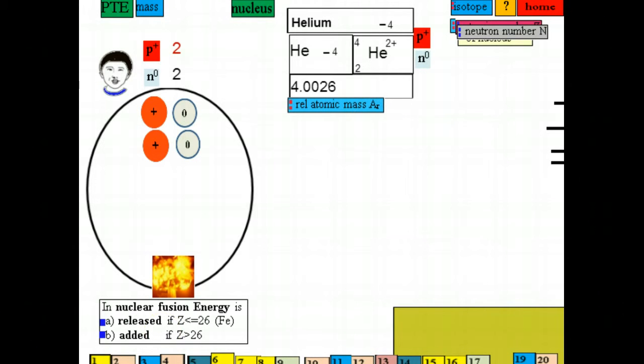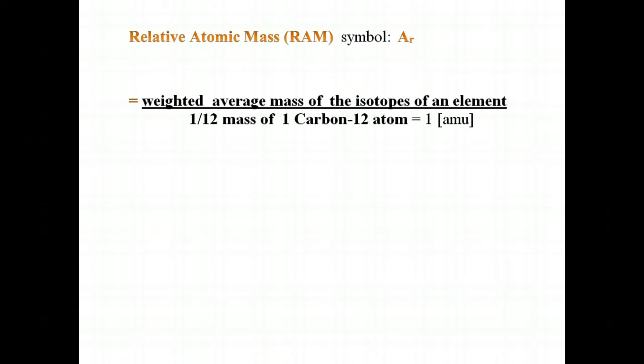So this is new vocabulary of physics and chemistry you will have to learn. The relative atomic mass number AR. Here you can see what the relative atomic mass RAM with the symbol AR is.